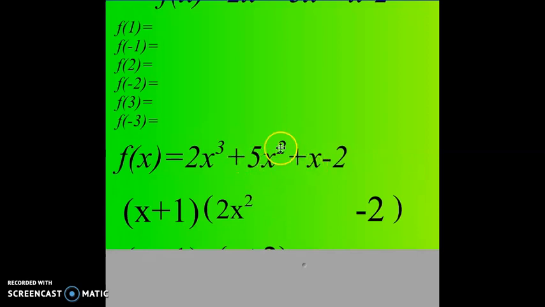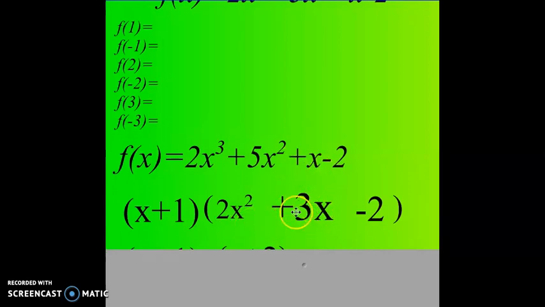So if I work with 5x squared, 1 multiplied with 2x squared will give me 2x squared. I will need another 3x squared. So 3x squared will be obtained by taking x and multiplying it with this number. So I need another positive 3x to get to the term in the middle.